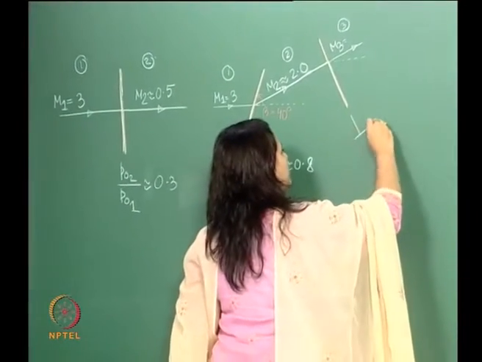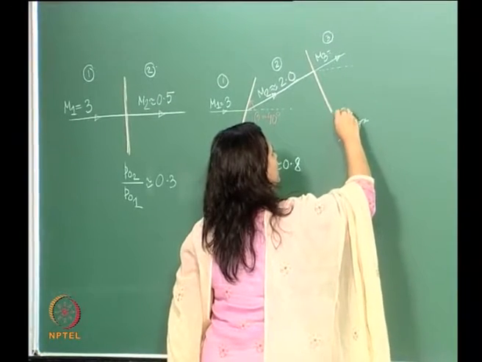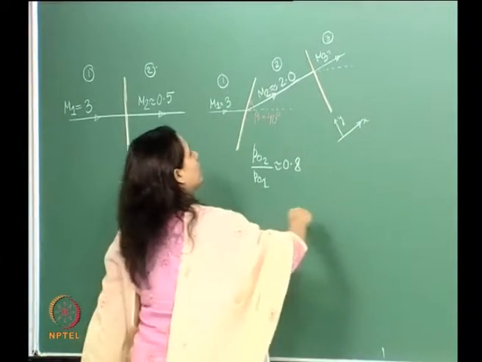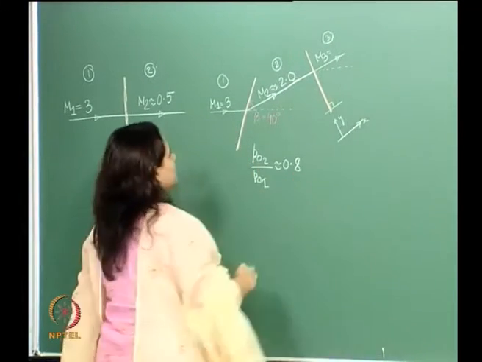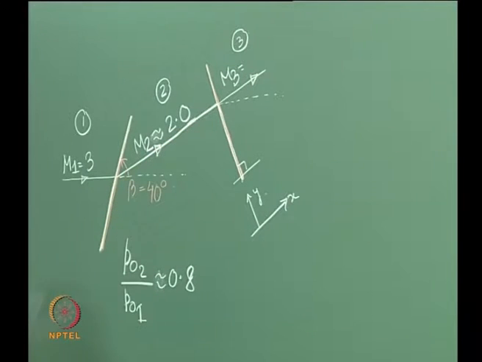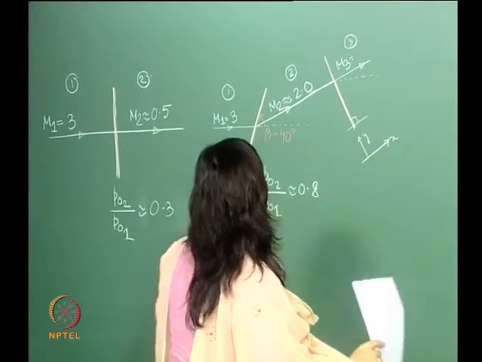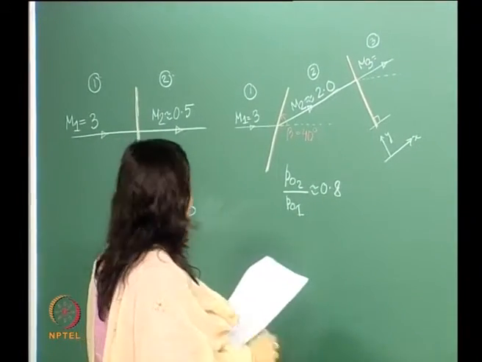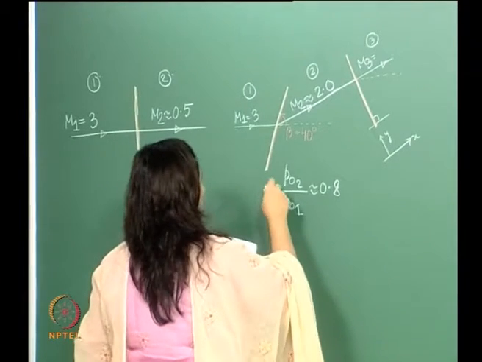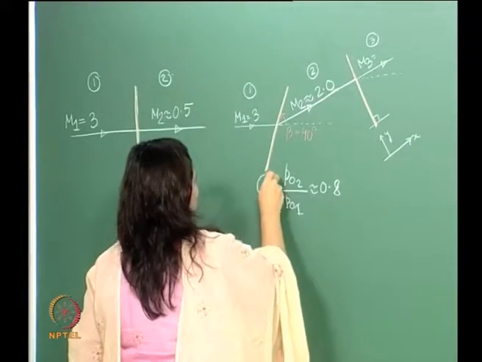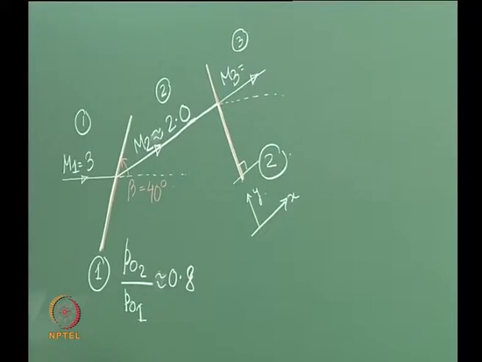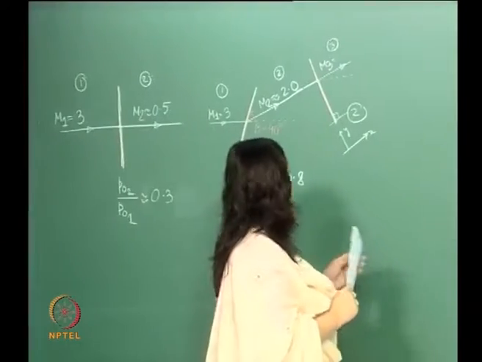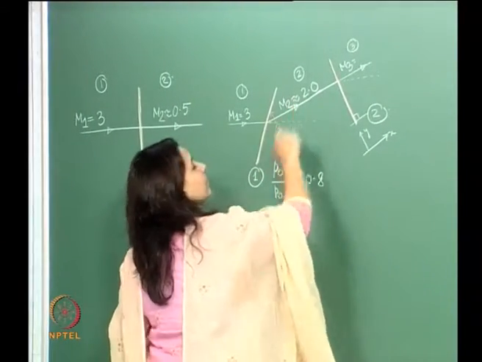If you look at this reference frame, this becomes a normal shock because now it makes an angle of 90 degrees, and the flow is perpendicular to it. Let's call the oblique shock shock structure 1, and the normal shock shock structure 2. So the incoming Mach number is around 1.9.